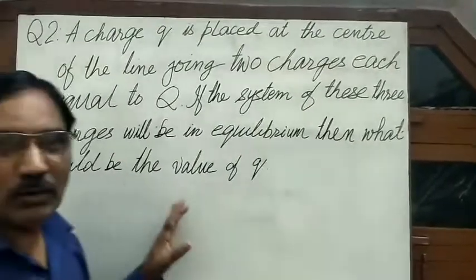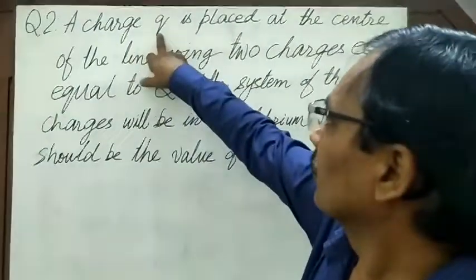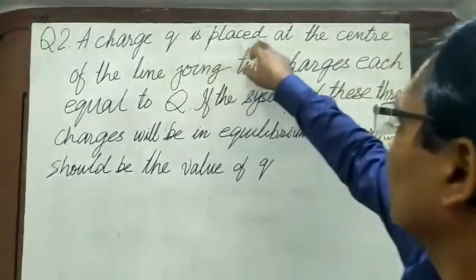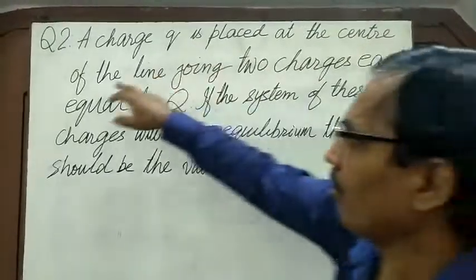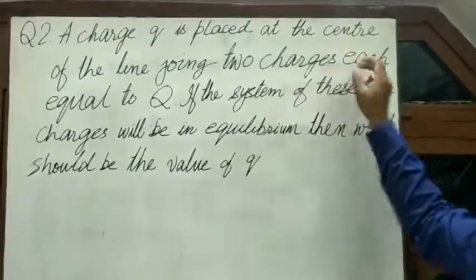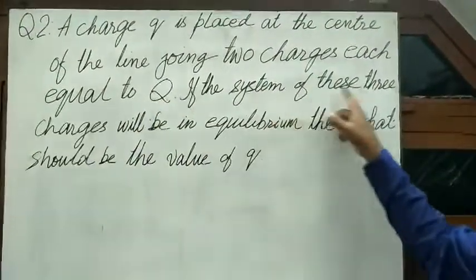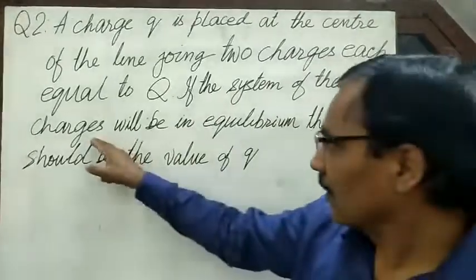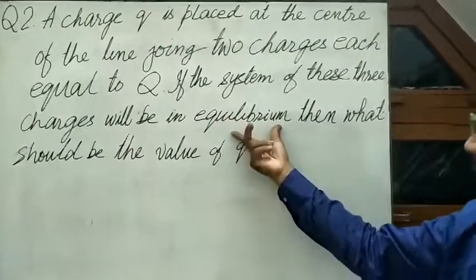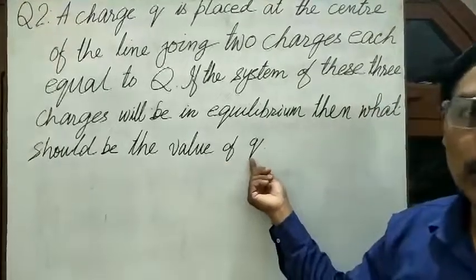Now, second question. A charge small q is placed at the center of the line joining two charges, each equal to Q. If the system of these three charges will be in equilibrium, then what should be the value of q?